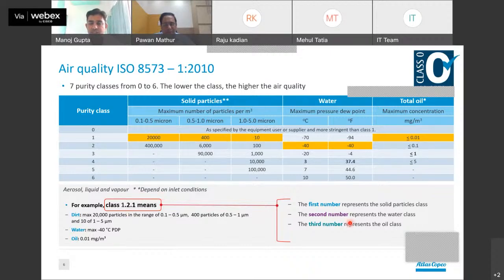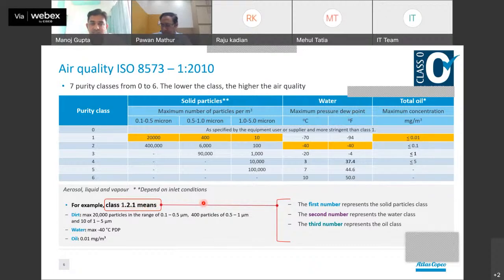The second number represents the water class. So class 2 means the water moisture content in terms of dew point should be below -40. In terms of measuring the pressure dew point, it should be -40 degrees centigrade for class 2 air.